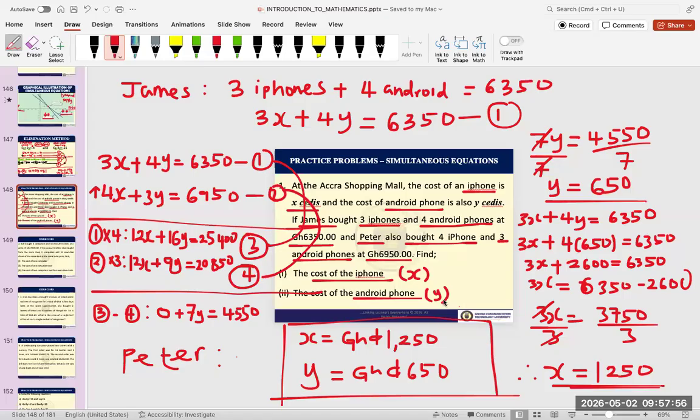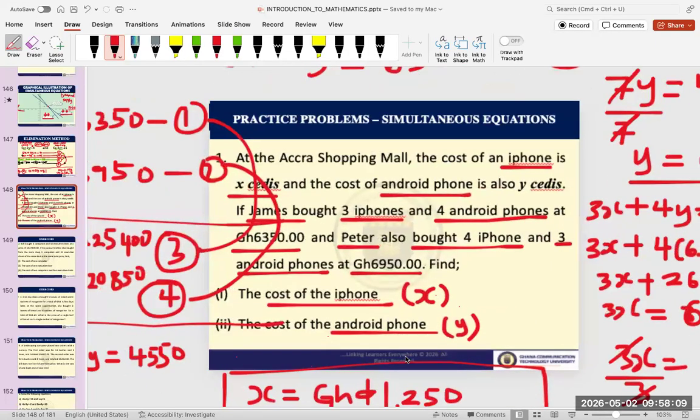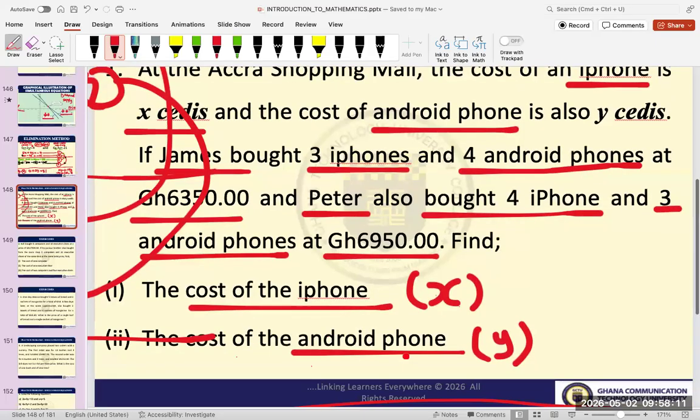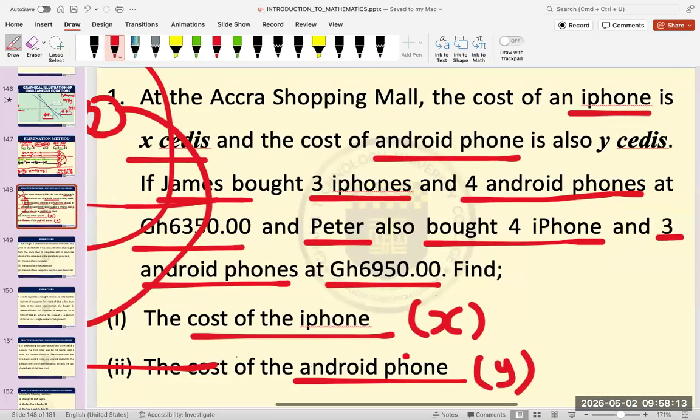And we have solved this real life scenario, even though we were not with Peter and James. But the information they have given us, we've been able to write them in the form of an equation, and we have solved it to now know the price of the iPhone and the price of the Android phone, which the question was asking us to find.